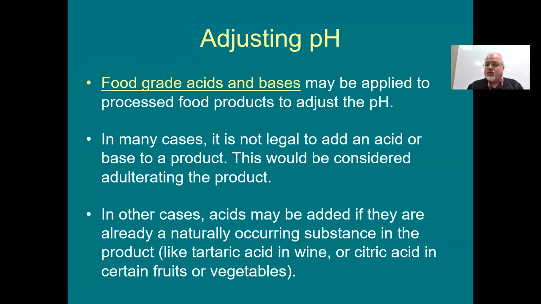In some situations, for example, if the pH is already in an unsafe range and you add an acid to bring that pH down, it may be too late. So if you're going to be canning tomatoes, for example, you have to start with tomatoes that are already at an appropriate pH. You can't adjust the pH down of tomatoes that are not acidic enough.